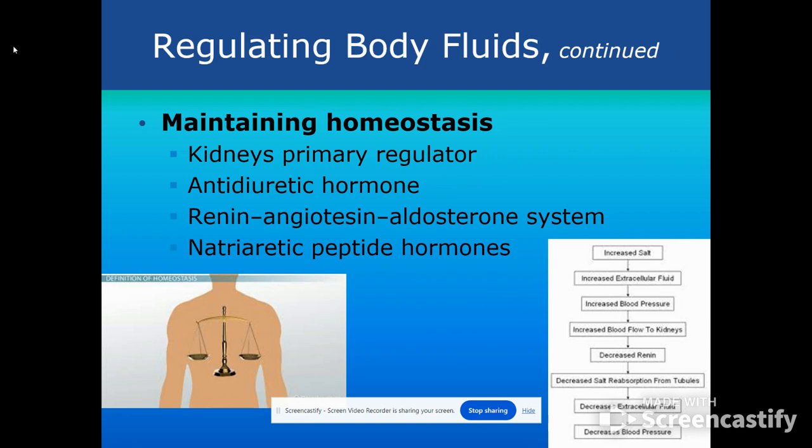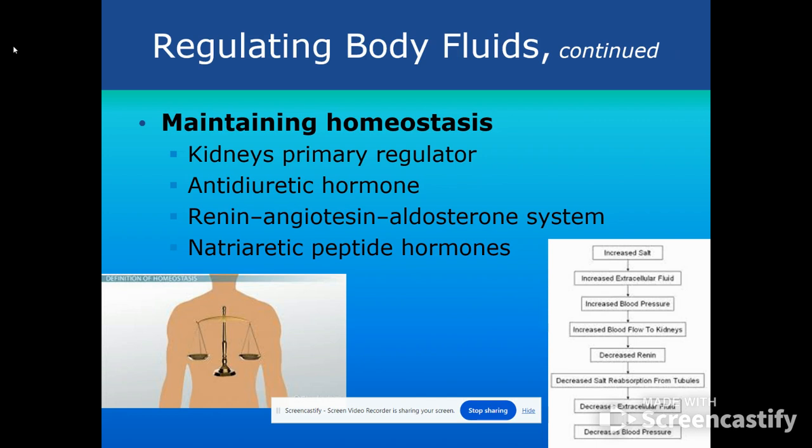It's released in response to increases in osmolality, or remember what that is, the number of particles or solutes in the solution. So it will release that based upon what the kidneys and the output are saying. Then we have the renin-angiotensin-aldosterone system.